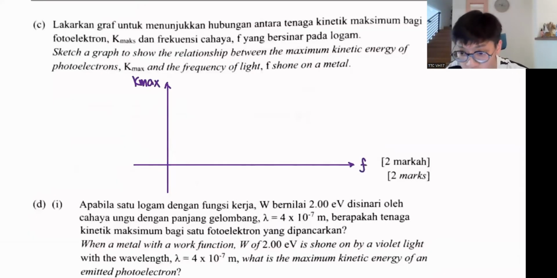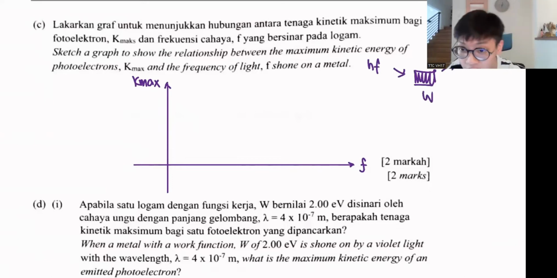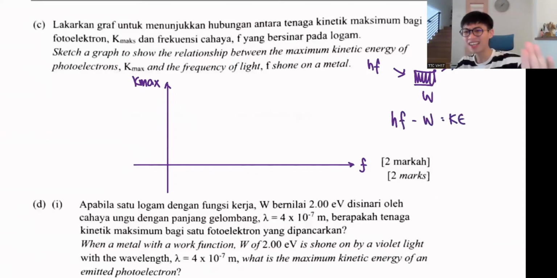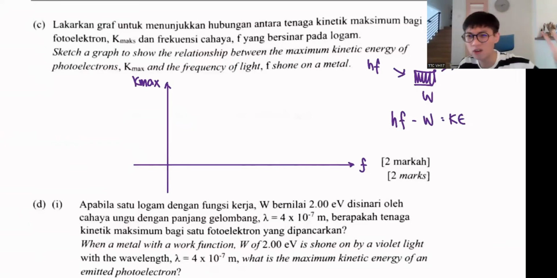How does this graph look like? Sometimes you can use this kind of shortcut if you forget. According to Jung Hao's strategy, hf minus work function gives kinetic energy. So our equation is very simple: hf minus work function equals kinetic energy. I don't like half mv squared and so on, very confusing. I just keep it very simple like that.